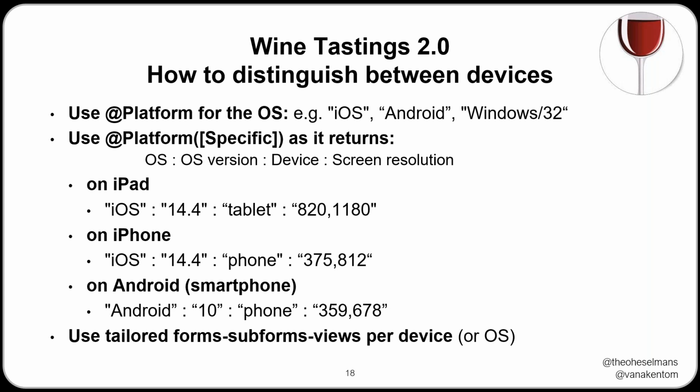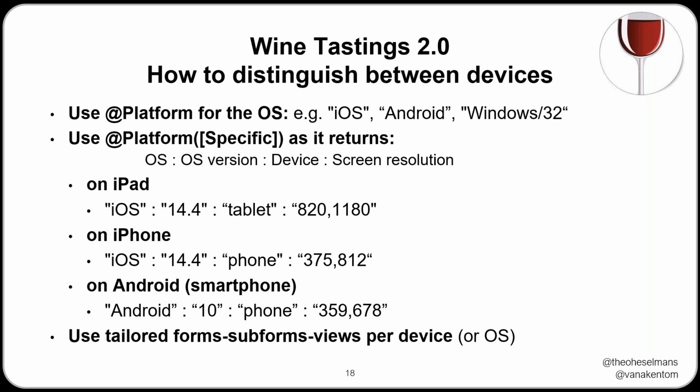Then we got the device, and that's very simple. It's just tablet or phone. By the way, watch out, because if you're using an earlier version of Nomad, it did not say phone for an iPhone. It said iPhone for an iPhone. That's changed now for the better. Now it's just a tablet or a phone. I use this most of the time to distinguish between a tablet or a phone, because it's so convenient.